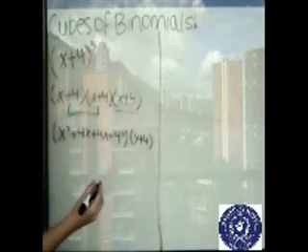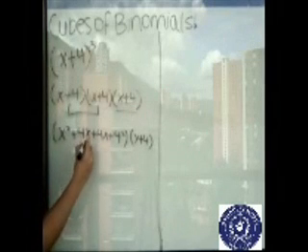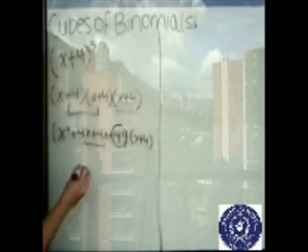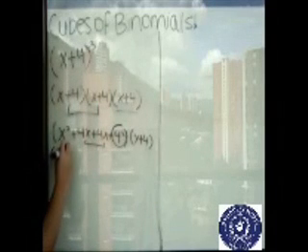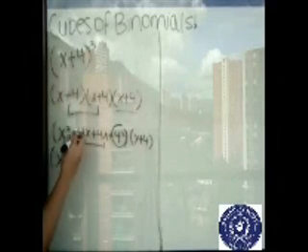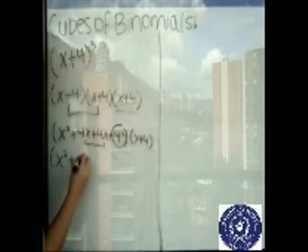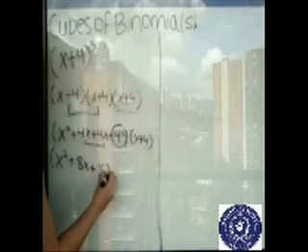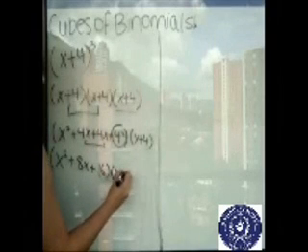Now we are going to solve in parentheses because we can see that these two can add together. So x squared plus 4 plus 4 equals 8x, plus 4 times 4 equals 16, times x plus 4.